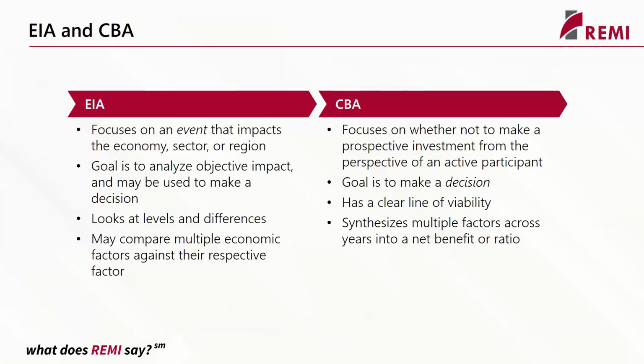So this is a broad overview of some of the characteristics of both economic impact analysis and cost benefit analysis. You can see that each line tends to have sort of an analogous counterpart on the other side. So if we start with EIA, economic impact analysis focuses on an event that impacts some form of economy.